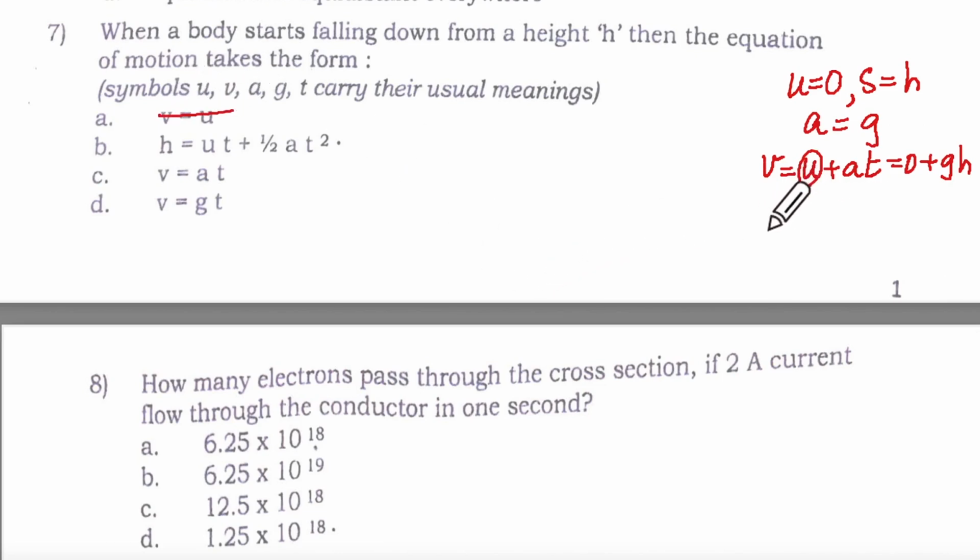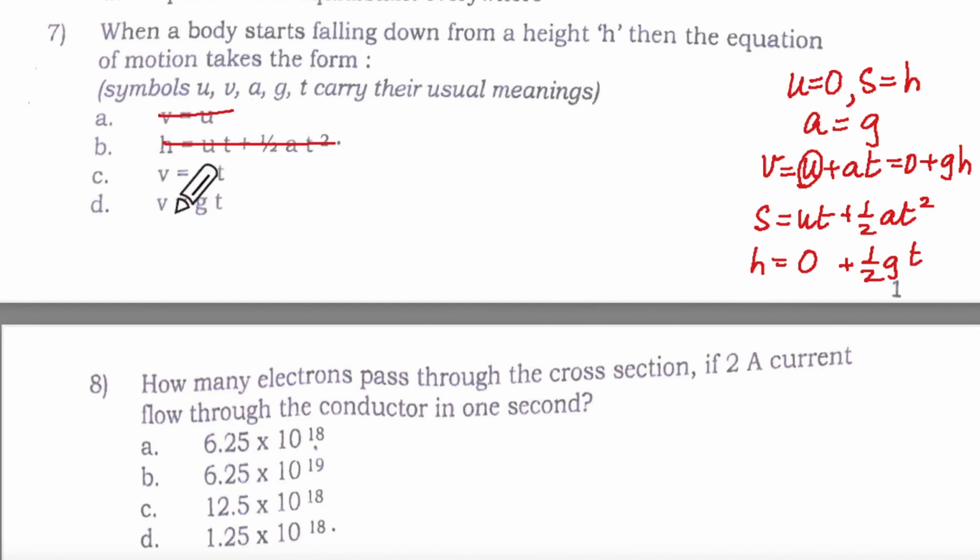Alright. What is our second equation? s is equal to ut plus half at square, correct? So u is 0, so ut will be 0 and s will become h, and plus it will be half gt square. h equal to half gt square. Where is it?